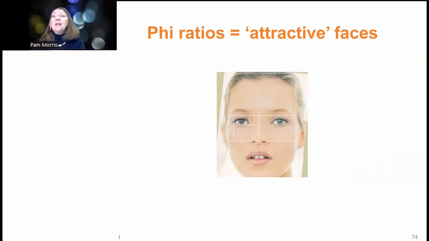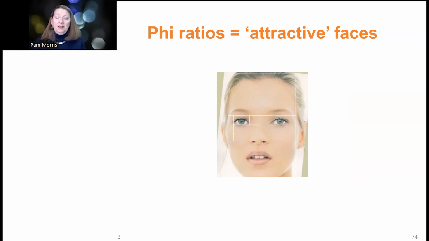The other thing that they've looked at is the human body and what's considered to be a beautifully aesthetic human body. And when these phi ratios, or the golden mean, or golden ratios, are used and applied to faces, what we think is the most aesthetically beautiful face satisfies these golden rectangles.